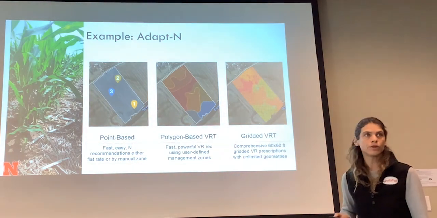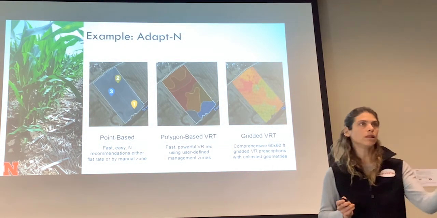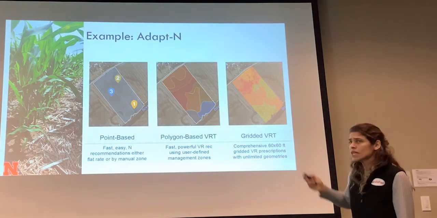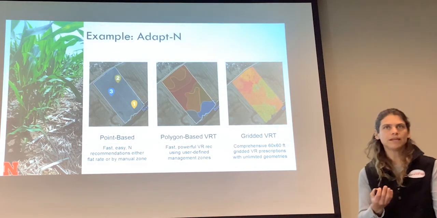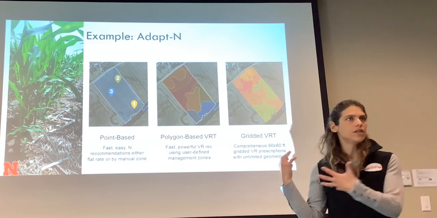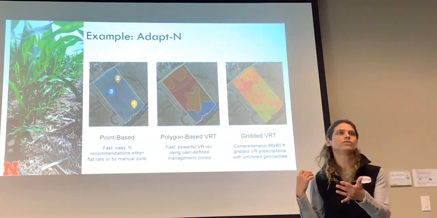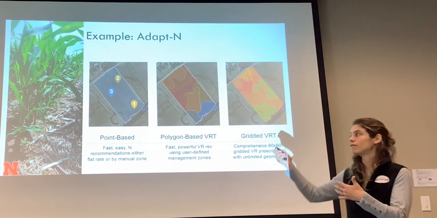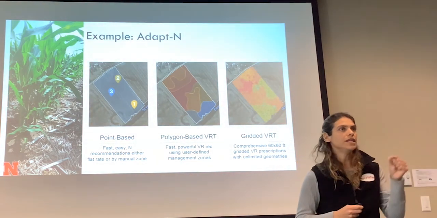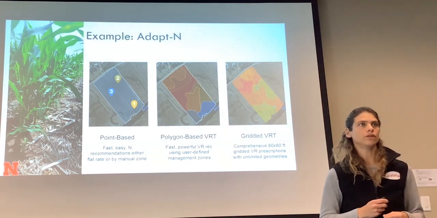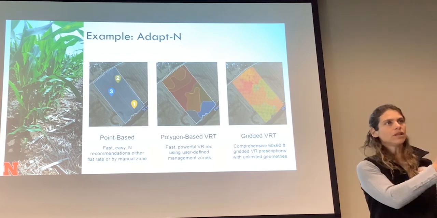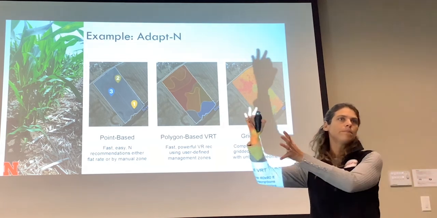With polygons, you can import your soil data or maybe some yield data that you have previously collected. Gridded is more data intensive, but if you have been collecting organic matter with your planter, this platform can take the information from your planter and transform it into a gridded map, so we can run the model in each of those grids and give you a variable rate prescription. So I hope I made a nice transition between a simple equation and the complexity.